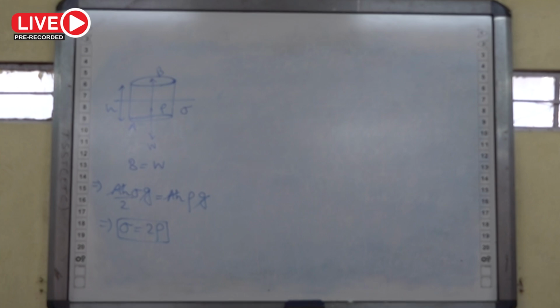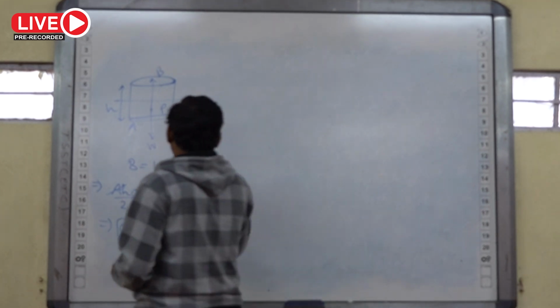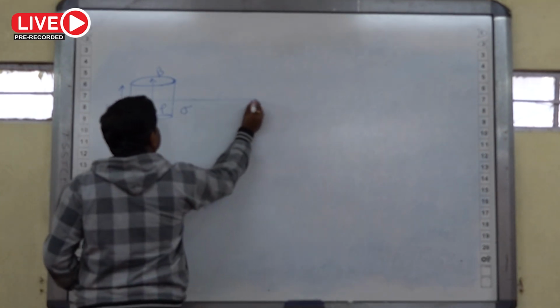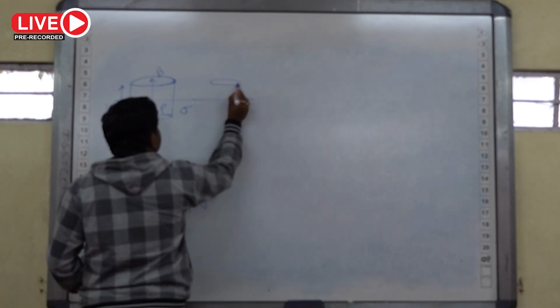Okay. Now the second part of the problem comes when you push slightly from the top and it will perform SHM. Now I will draw it here. When you push from the top, what will happen?